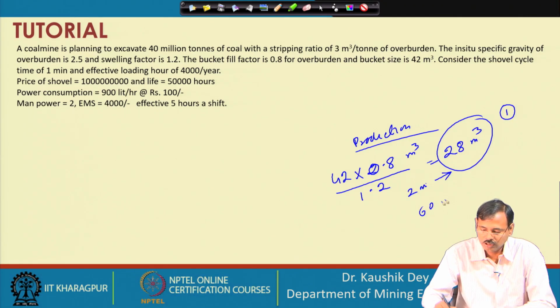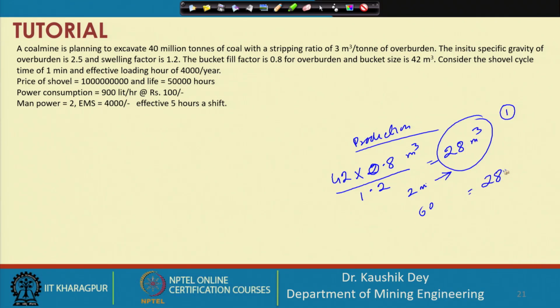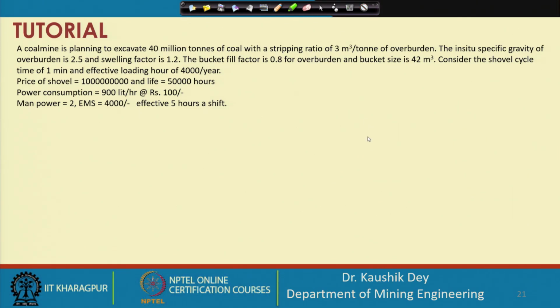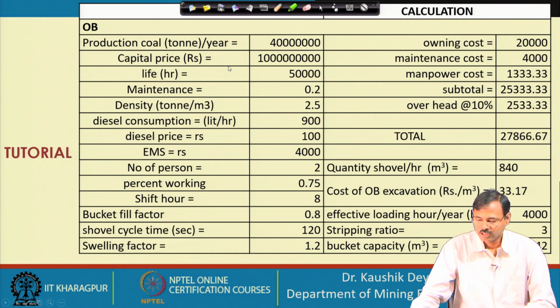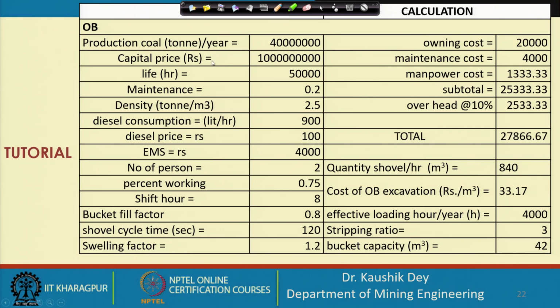So, in 60 minutes we have to multiply 28 into 60 by 2, that is 30. So, 28 into 30 is the excavation, the meter cube per hour. So, we have already calculated the cost. So, let us, to avoid any calculation mistake here, let us find out the values at this position.